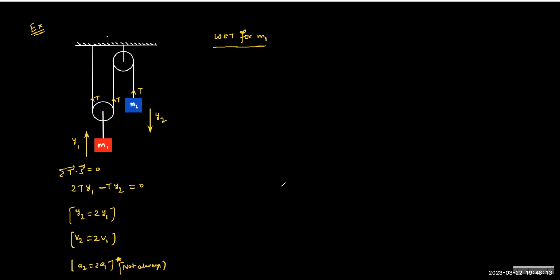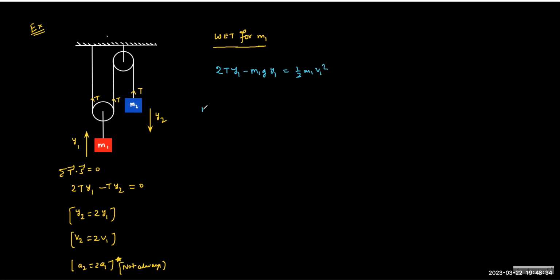So 2T Y1 minus M1 g Y1 equals half M1 V1 square minus 0. That's half M1 V1 square.